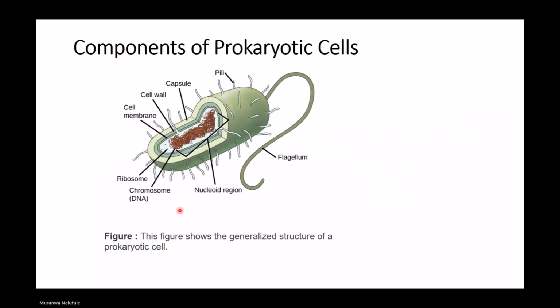Then this is the components of a prokaryotic cell. It's not a question. You see here the components of a prokaryotic cell. All cells share common components, which are the plasma membrane, an outer covering that separates the cell interior from its environment, and there's also the cytoplasm, which consists of a jelly-like region within the cell where the cellular components are found.